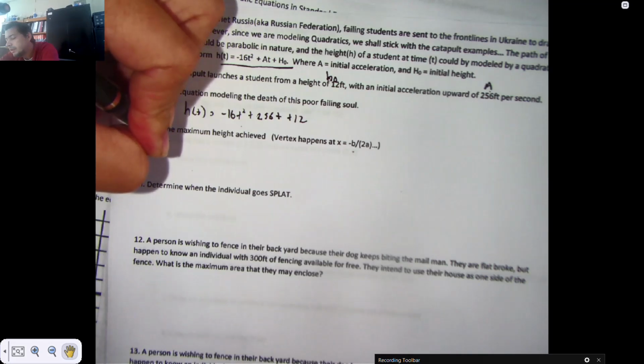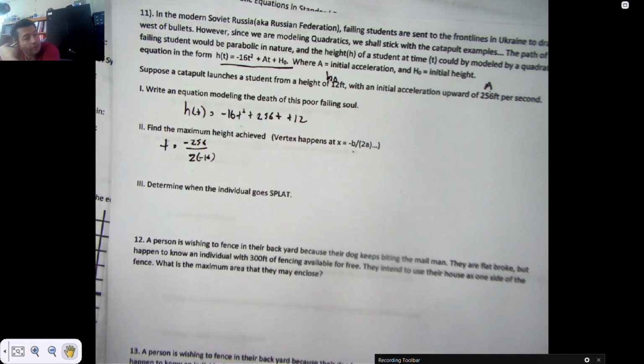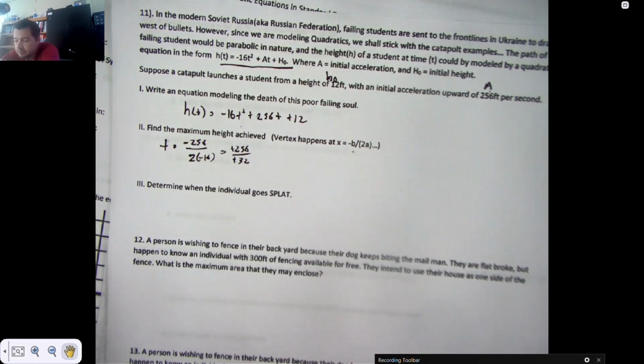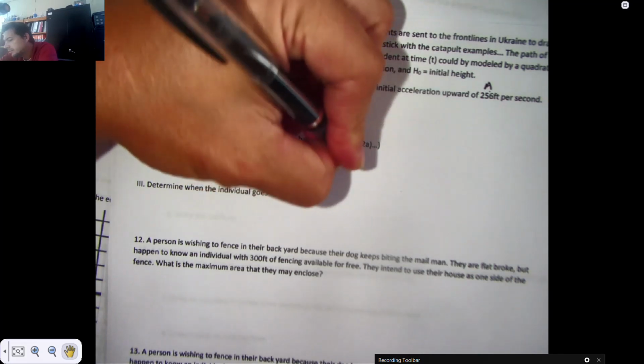So here it's t equals opposite b, negative 256, over twice a, negative 16. And that's going to be what? Negative 256 over negative 32. Signs cancel. Seems like that's 8. So it happens at 8 seconds.